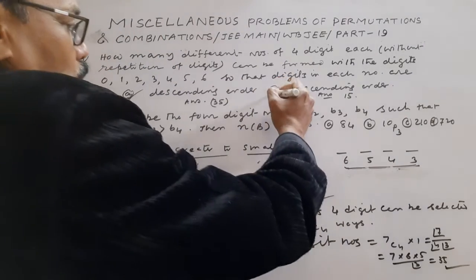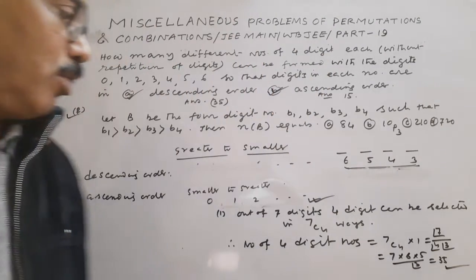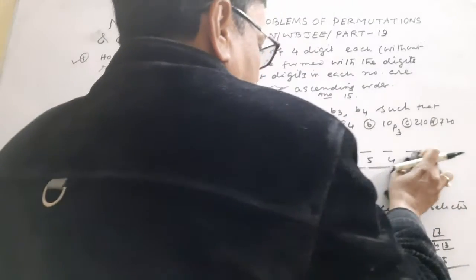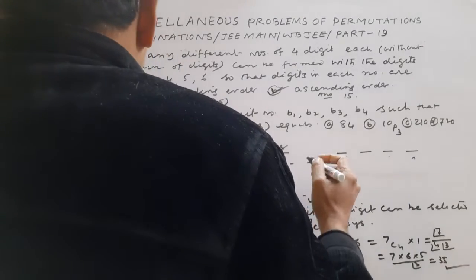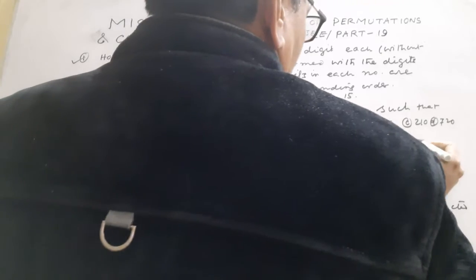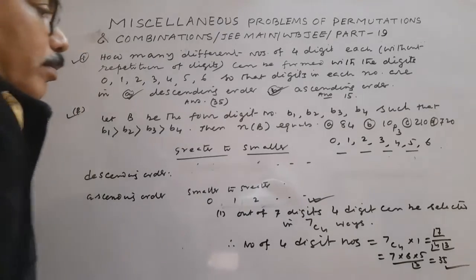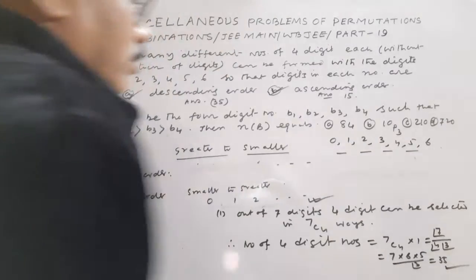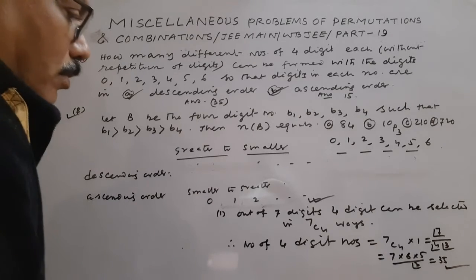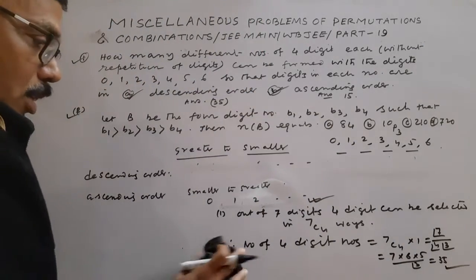Now case 2, ascending order. In the case of ascending order, since 0 is occurring among the digits 0, 1, 2, 3, 4, 5, 6, you have to select first.